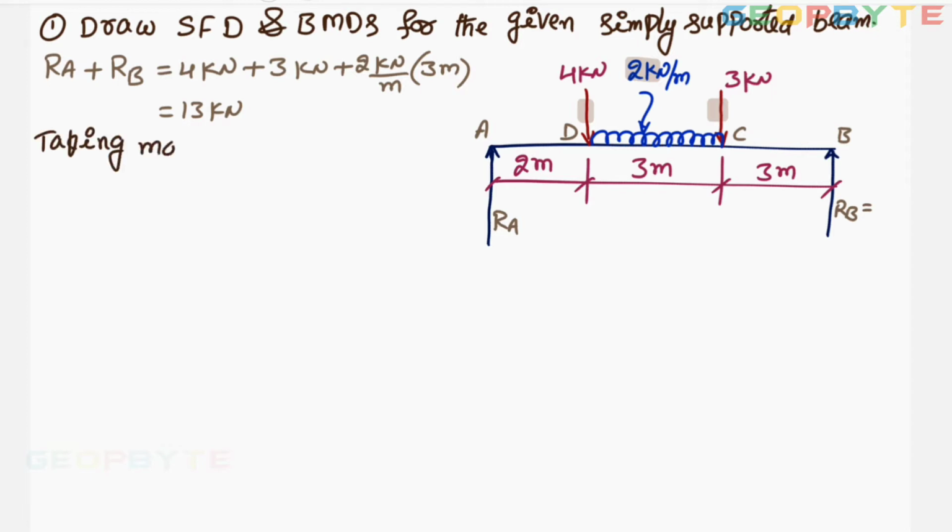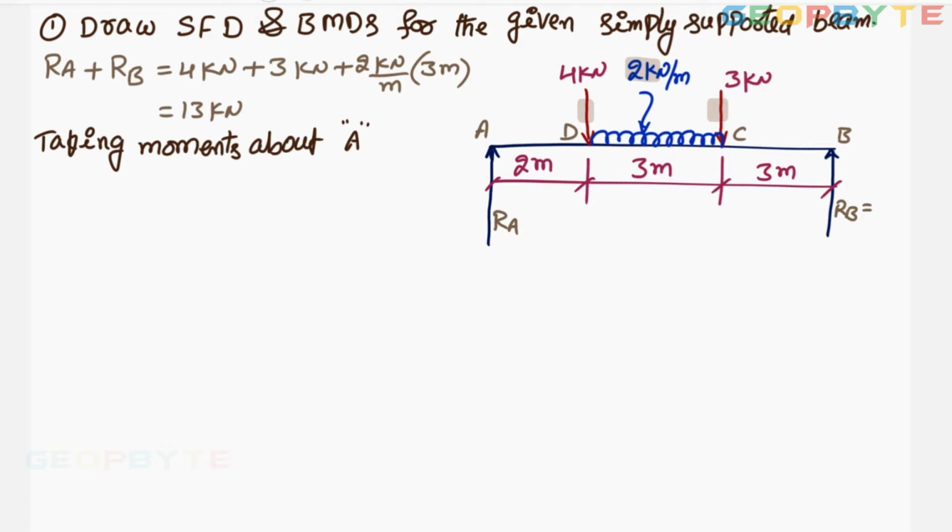Taking moments about A. Now we are going to equate the sum of the clockwise moments with anti-clockwise moments. Taking moments about A means A is the reference point.